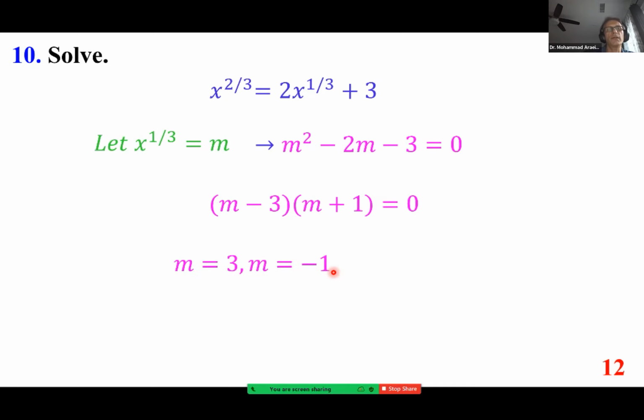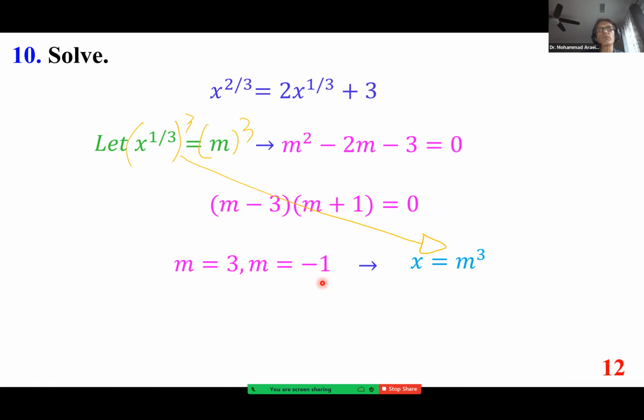Now bear in mind, we want to solve for x, which means you have to raise this to the 3rd power in order to get to x. X is m cubed. Therefore, 3 cubed is 27.